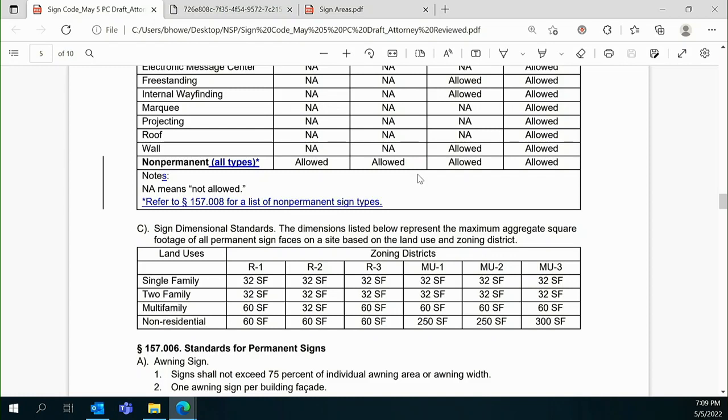But these numbers, the R2, to me, what's shown here, the 32, appears to be showing the non-permanent piece and doesn't show anything for permanent, even though I think multifamily is now allowed in R2. Townhomes as multifamily. Yeah.